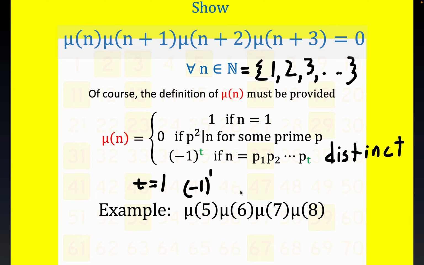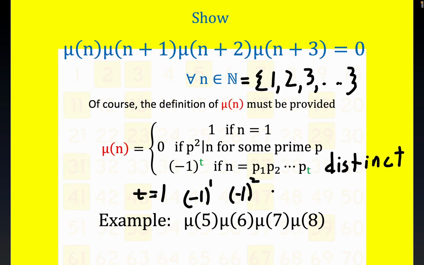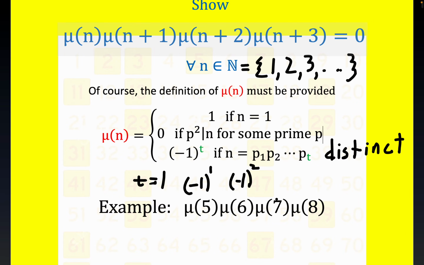Now notice that 6 is 2 times 3, all right? And so you would have minus 1 quantity squared. And again, that's because 6 is 2 times 3, so there's 2 primes, and that means t would be equal to 2, so you would square this. So this becomes 1. And in a similar fashion, this would be negative 1, for the same reason.